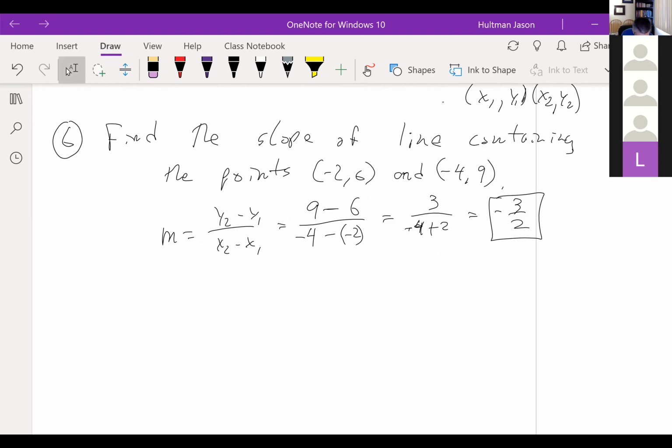Okay, number 7. We're going to finally get out of the boring stuff. Trust me. The reason we have to do the boring stuff is because you've got to walk before you can run. This is actually crawling. We've got to crawl before we can walk, and then walk before we can run. So we just need to make sure that everybody knows how to crawl first. Okay, so can you crawl?